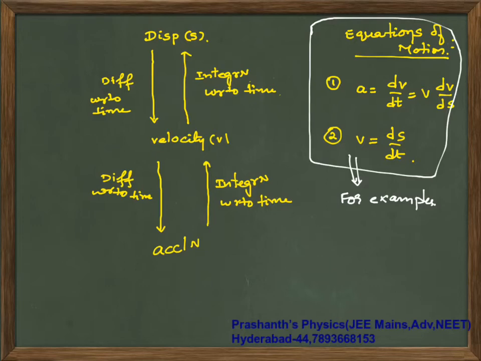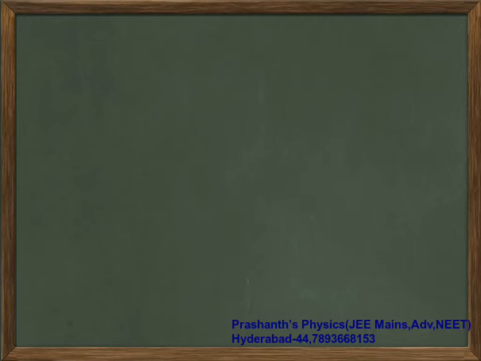Now what are the different situations, I will tell you. The first example: if displacement is given by 2t square plus 3t plus 2, find velocity as a function of time and acceleration as a function of time.